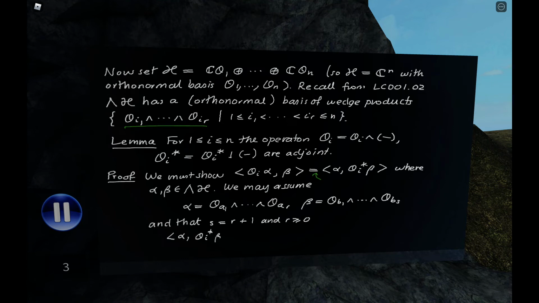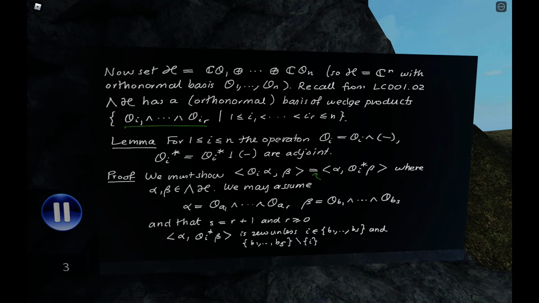And if it is in there, then we have to get the set of indices on the left-hand side when we remove i. So that's the same, of course, as saying that if you add i to the set of A's, you get the set of B's. And the sign will be the same, right?